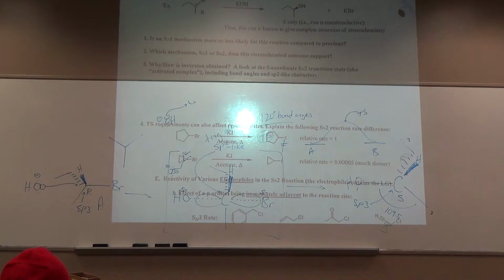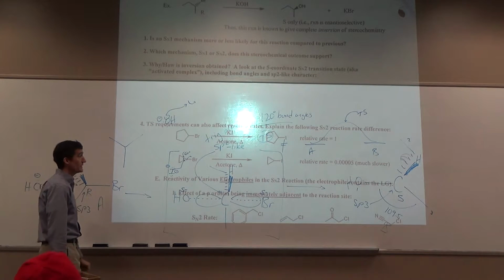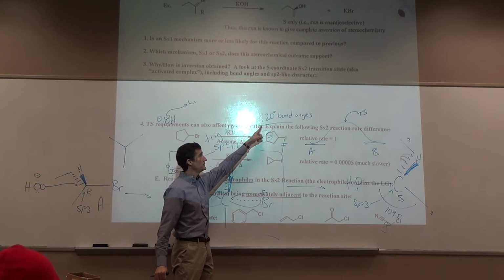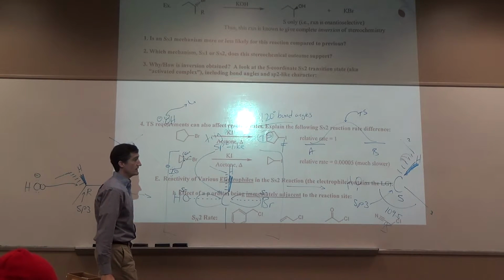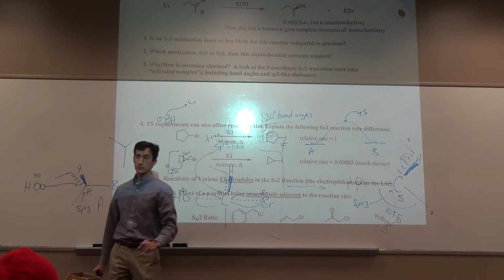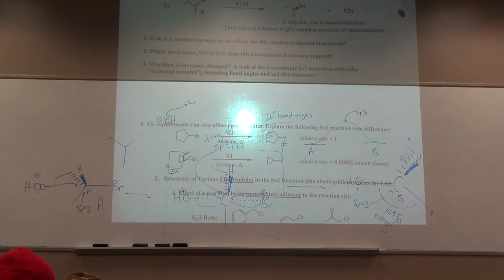Can't achieve 120. How's this ring going to open up to 120? It can't. Or, it could do something. Now, it doesn't have to be 120. No, that's just highly preferred, just like tetrahedral highly prefers 109.5. But we see there's times when it's less than 109.5, right? There's also times when it's a little bit greater than 109.5.